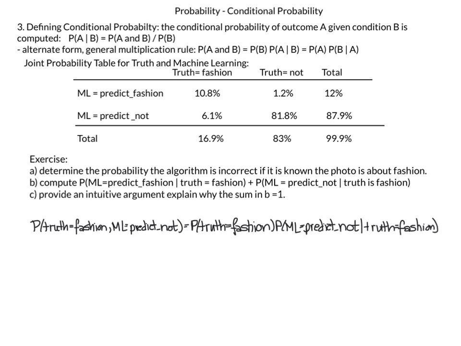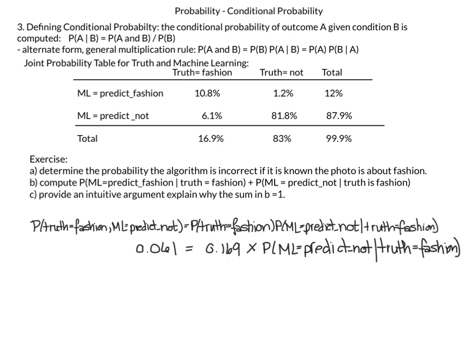At this point, we have these joint probabilities, so I can look up truth equals fashion and machine learning equals predict not. That's 6.1%. Probability truth equals fashion, I do have that marginal probability.